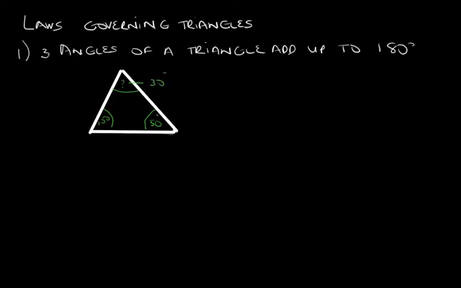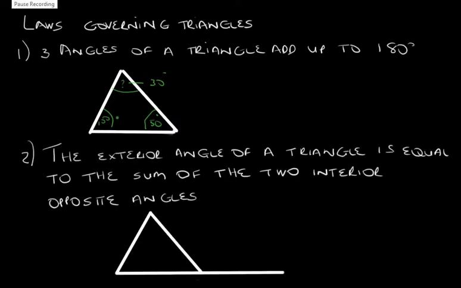Okay, let's look at the next law. The next law states that the exterior angle of a triangle is equal to the sum of the 2 interior opposite angles. So this angle here will be equal to that angle and that angle.